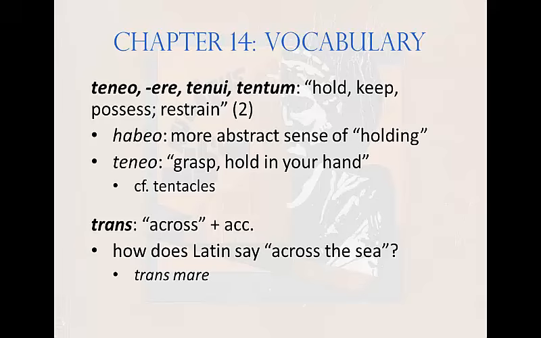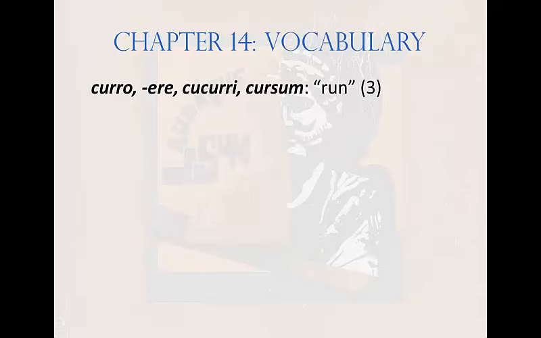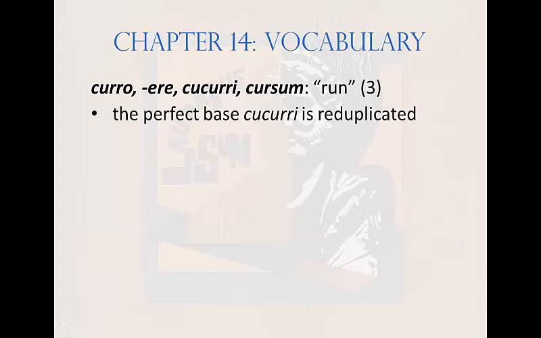The last two items on this vocabulary list are verbs, both very important ones too. Yes, Latin does in fact have unimportant verbs, and when we get to one, I'll let you know. The first of this final verb pair is curro, currere, cucurri, cursum, meaning run. It's a third conjugation verb. Note it's perfect active. Cucurri, it reduplicates.